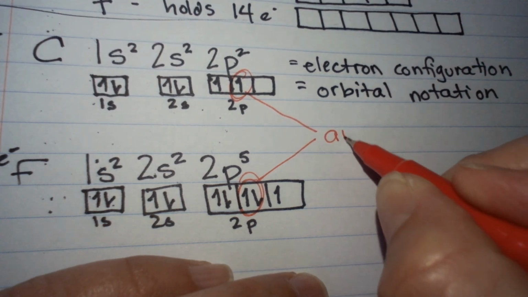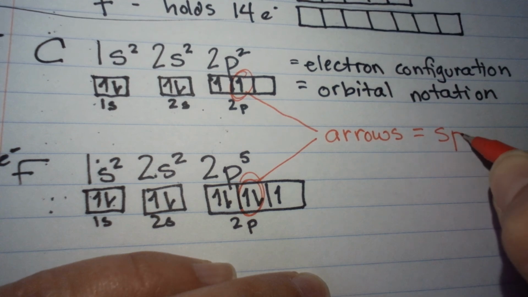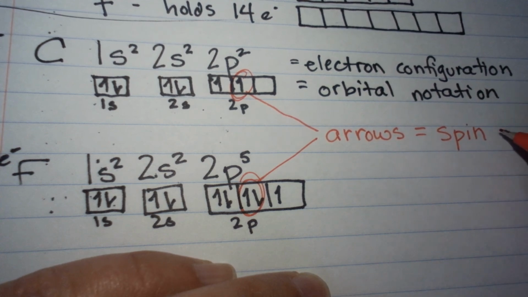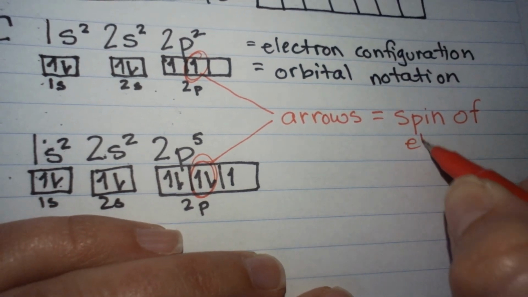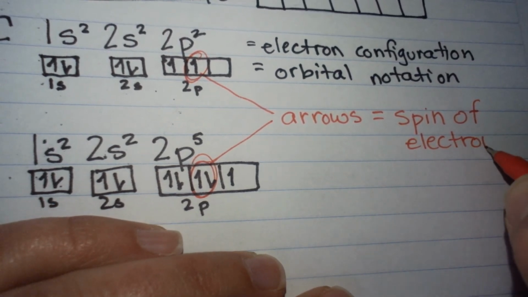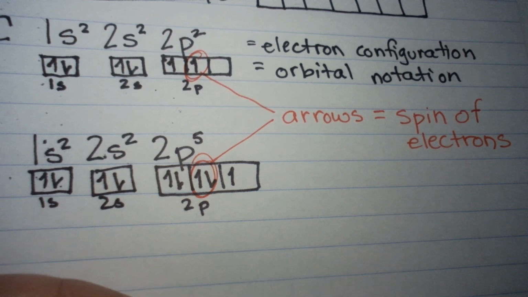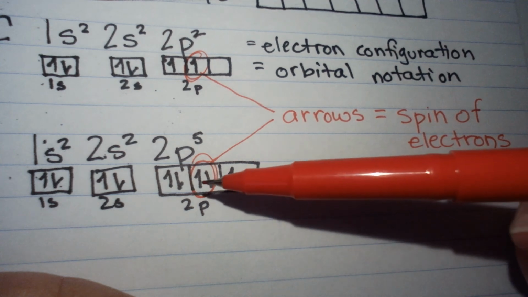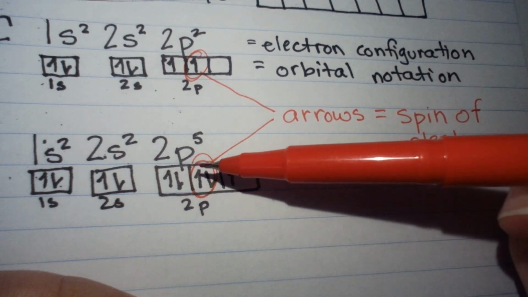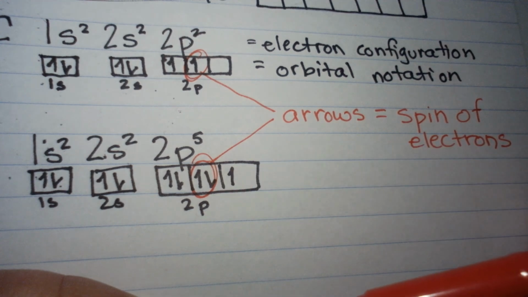The arrows equal the spin of the electrons. So that question that you had earlier in your bell ringer, if one electron is spinning clockwise, the other one would spin counterclockwise.